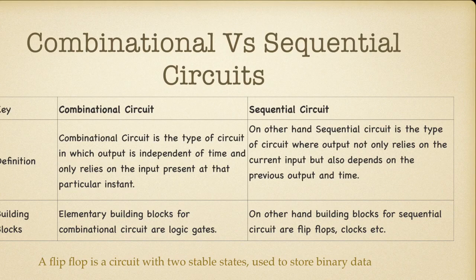We will study the logic gates in detail in your second module. Building blocks for sequential circuits are flip-flops, clocks, etc. A flip-flop is a circuit that is capable of storing one bit of information.